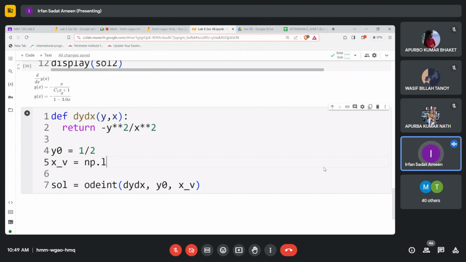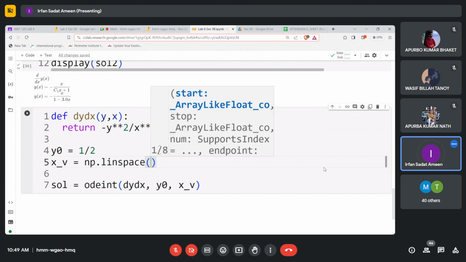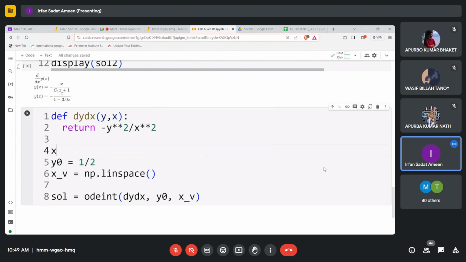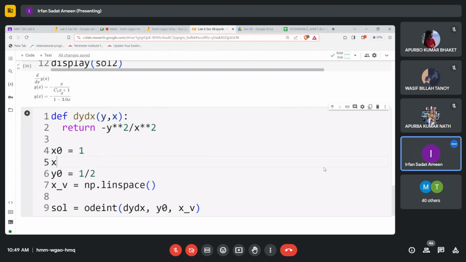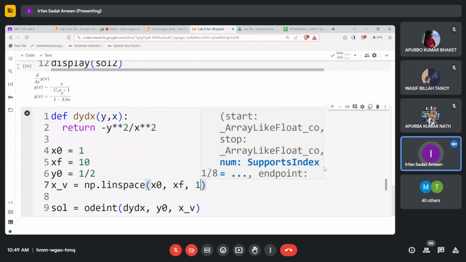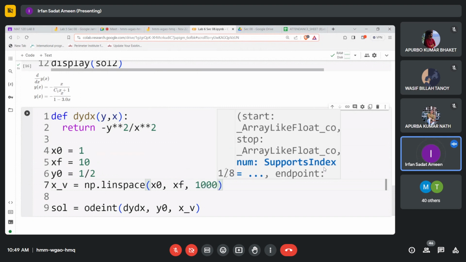So আমি linspace use করব. linspace এ remember কি দিতে হয়, you have to give the starting value. So আমাদের starting valueটা কত ছিল? 1, and final valueটা ছিল 10. আমরা এখানে starting valueটা দিলাম, final valueটা দিলাম, and then what do we need? আমরা কয়টা ভ্যালু চাই, so আমাদের n ছিল that, বুঝছেন রাইট? আমরা 1000 টা ভ্যালু চাই.